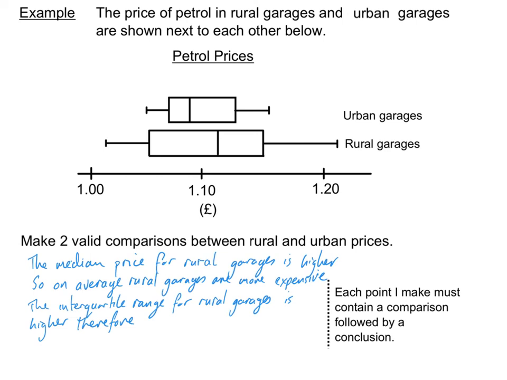So what we're saying here is the interquartile range for rural garages is higher, therefore the prices in rural garages are, and you can either say more varied or less consistent. Okay, so as I said here, we could use the words the prices in rural garages are less consistent or more varied. It's entirely up to you which one you use.